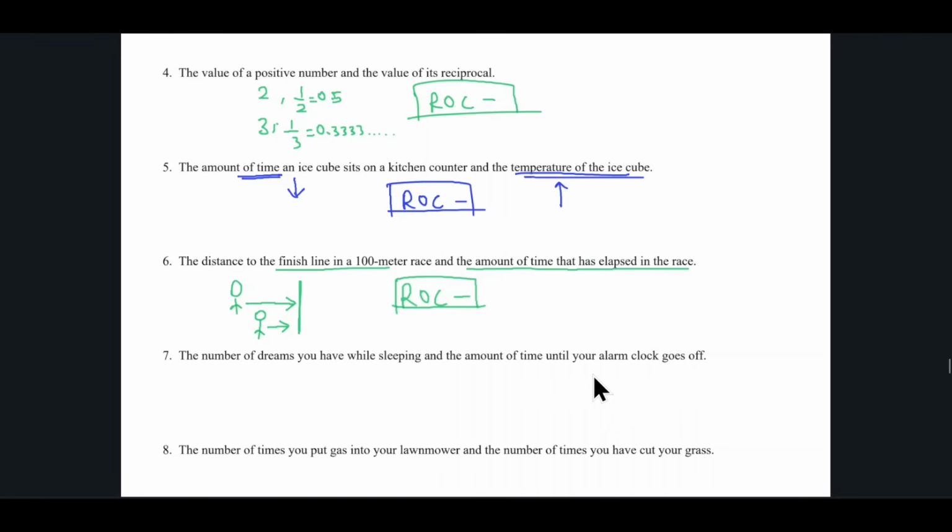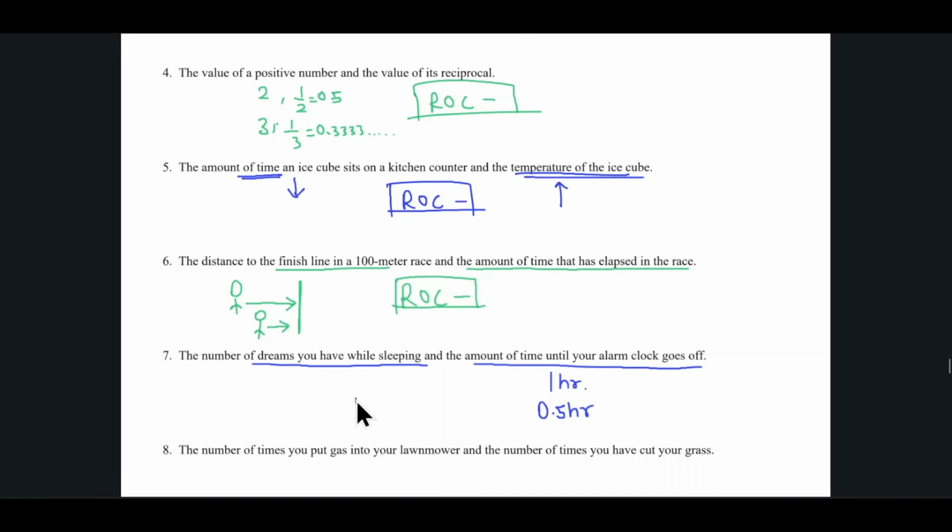Let's say you have 1 hour till your alarm clock goes off, compared to 0.5 hour till the alarm goes off.